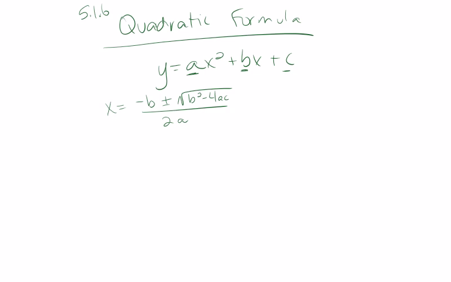It's like Pop Goes the Weasel. So this is the quadratic formula. You take the numbers, you plug them in, and you complete the formula, and you have your value for x.